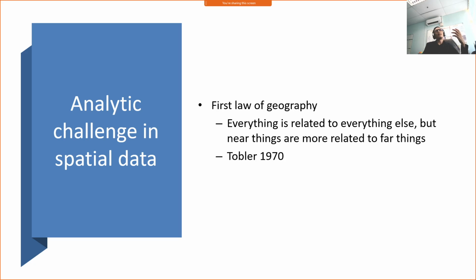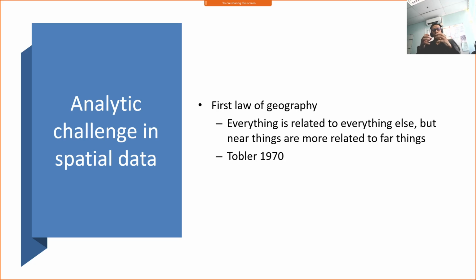Why do we need a special analysis for spatial data? A specific analysis for spatial data, because of the first law of geography. Tobler in 1970 said that everything is related to everything else, but near things are more related than far things.